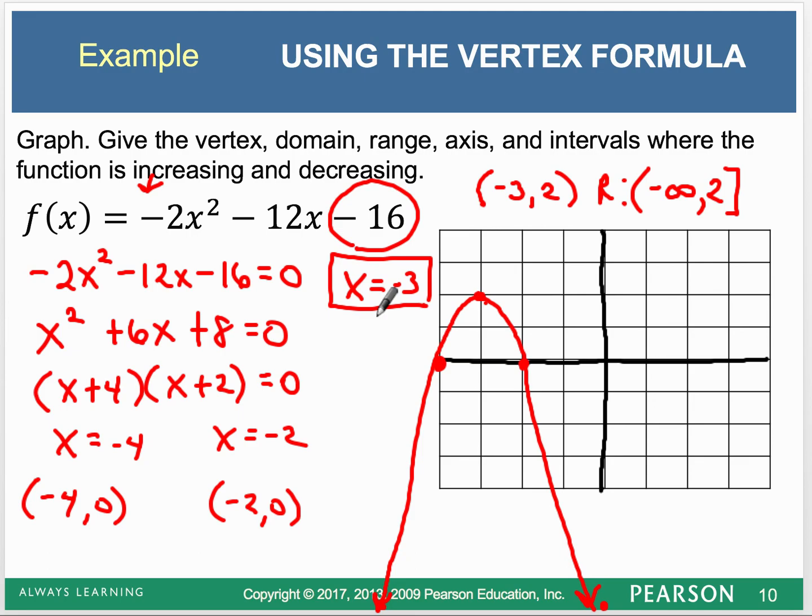And the intervals where it's increasing and decreasing, it's increasing from negative infinity to negative 3. And decreasing this time from negative 3 to positive infinity. Okay, nice. Let me know if you have any questions.